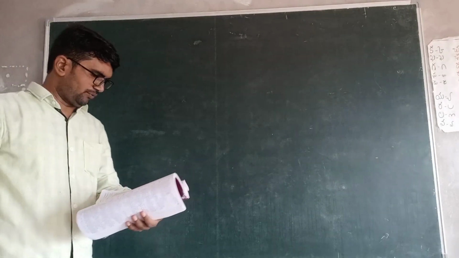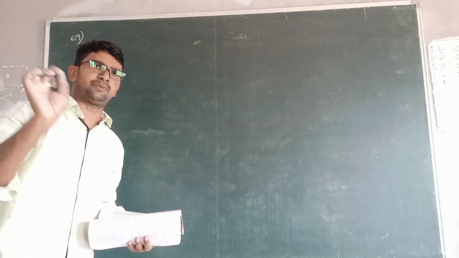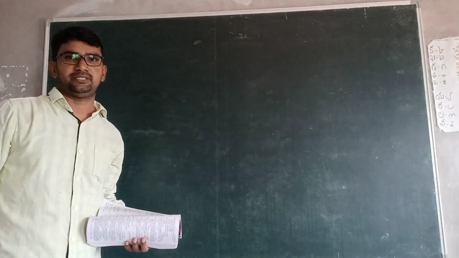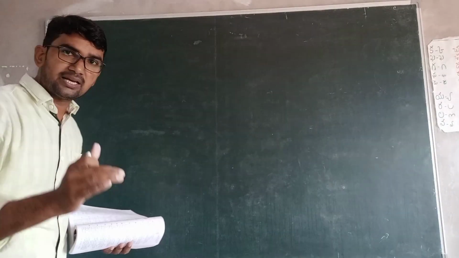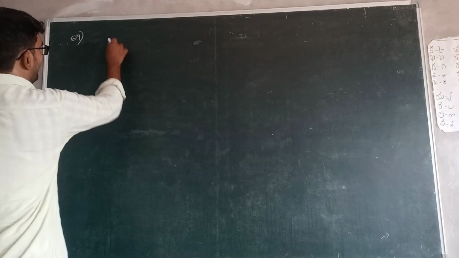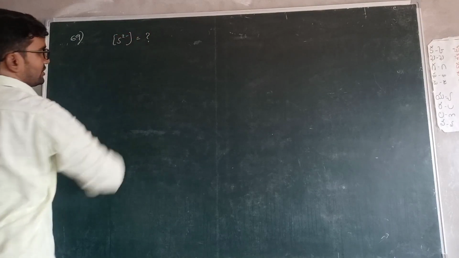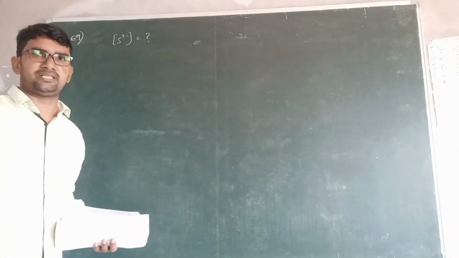Now 69th one. The number of S2 minus ions present. Calculate. Before calculating the number of S2 minus ions, we first have to calculate the concentration of S2 minus ions. First calculate how many moles, then from moles we can calculate how many S2 minus ions.